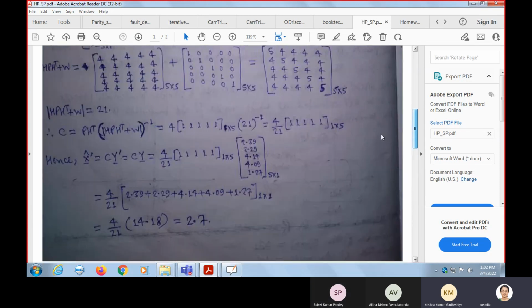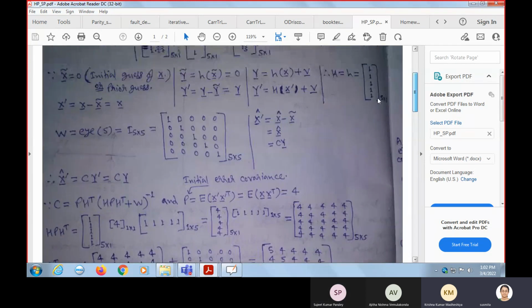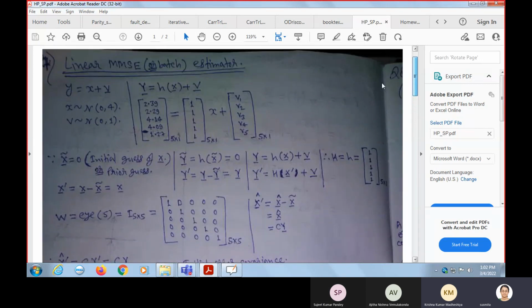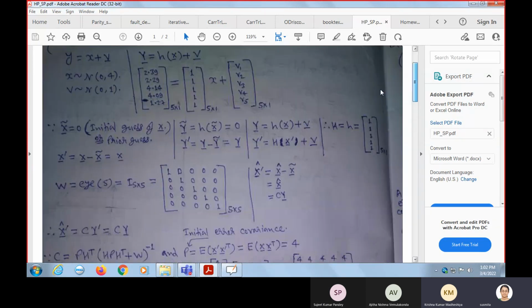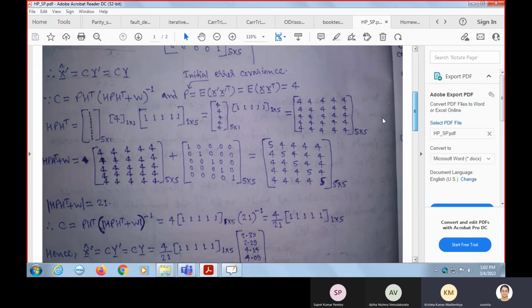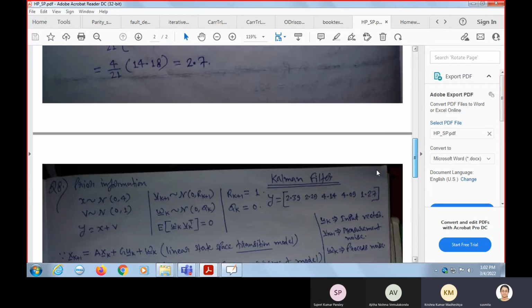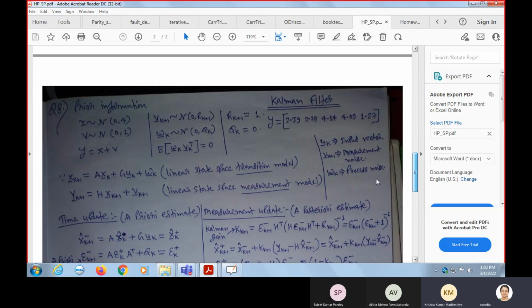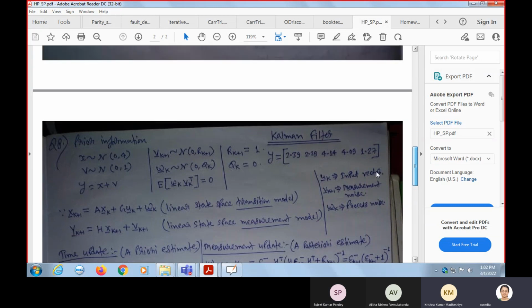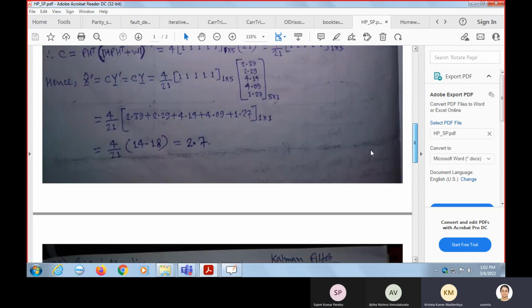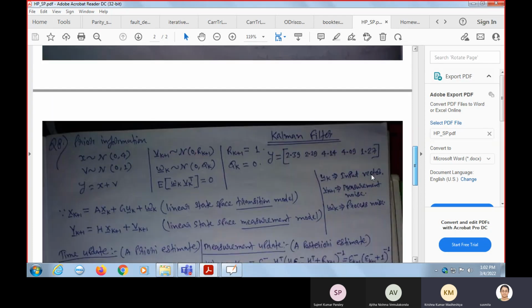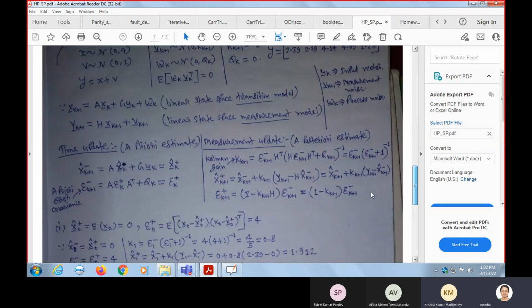Okay, I think Ajita also got 2.7. Krishna, what did you get? 2.7 for LMMSE, linear minimum mean square? Krishna? Krishna is not there?